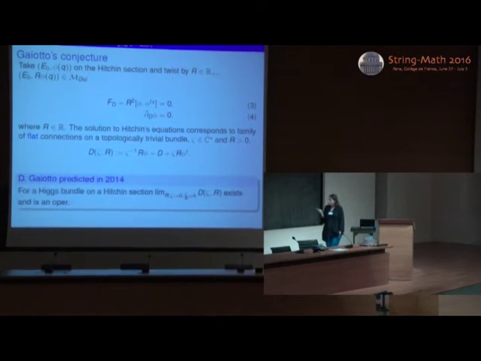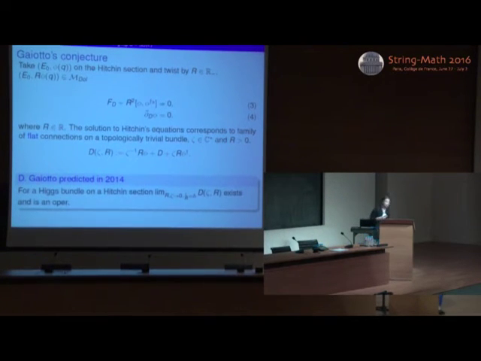The solutions of Hitchin's equations, again, correspond to the flatness condition of a family of connections that depend on two parameters, zeta, that is complex, and r, that is a positive real number. So d of zeta and r are just a twist by r in the Higgs field.